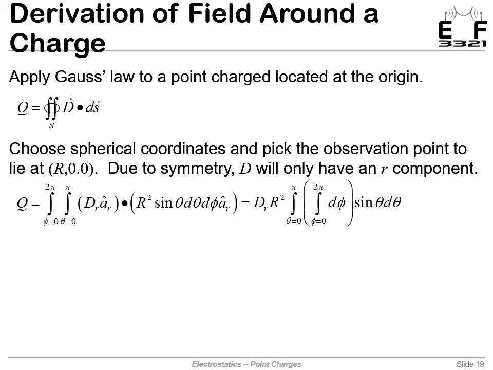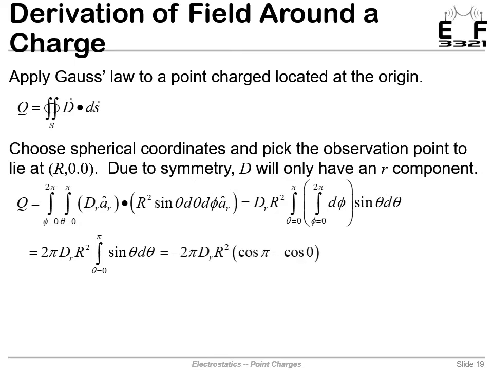We then don't have a phi function, so we can isolate the integral of phi, and it turns out that will be 2 pi. And we can also bring some constants to the outside, and that is D_r, the r component of D, and r squared, because neither of those are a function of theta and phi. Well, that integral over phi becomes 2 pi, and we bring that to the outside of the integral. Now we have an integral over theta, but there's a sine term in there.